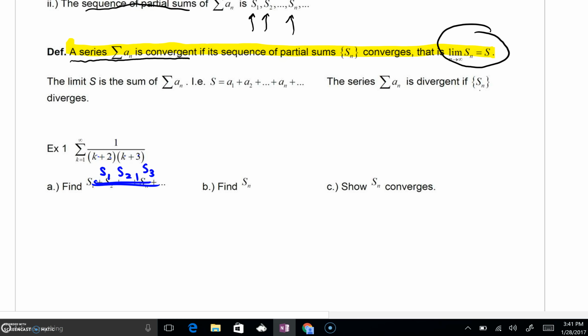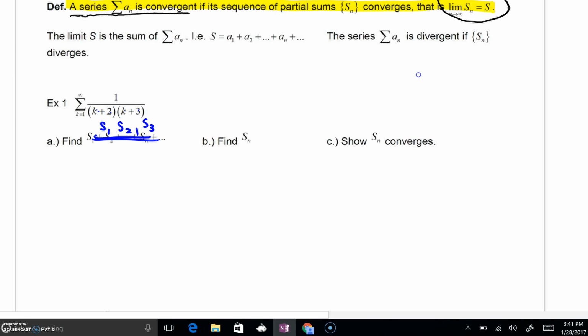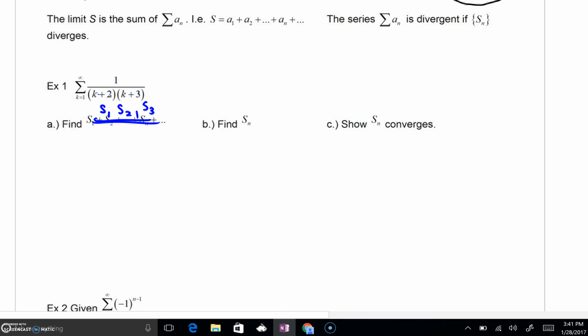So let's get into our first example. Here we have the summation from k equals 1 to infinity of 1 over k plus 2 times k plus 3, with both of those expressions in the denominator.